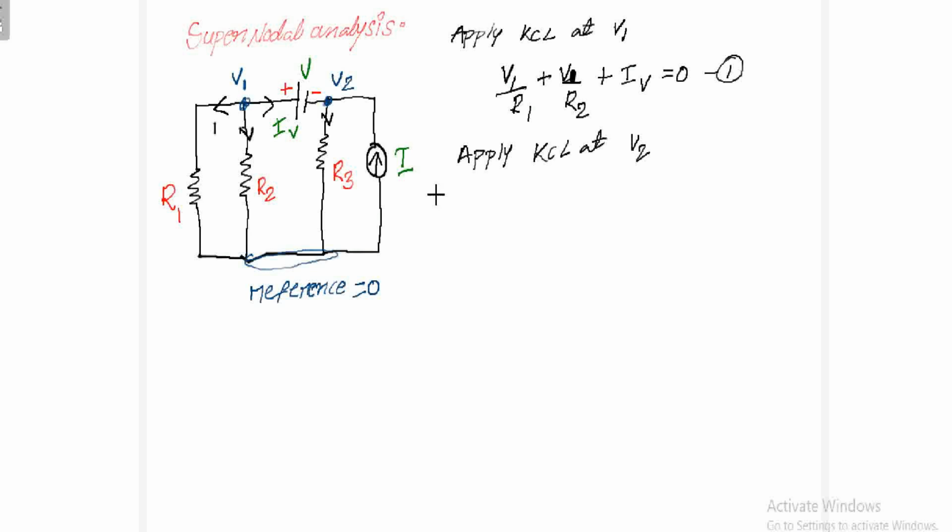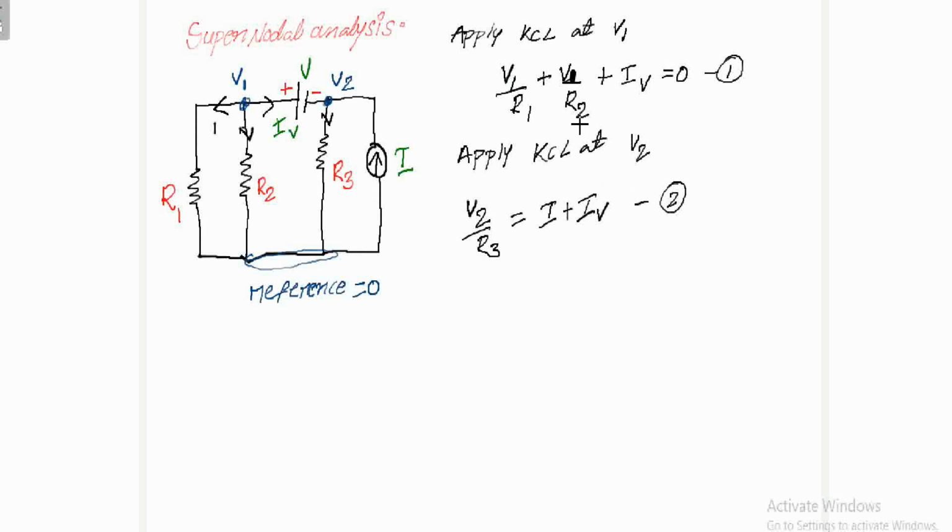Only for the passive elements indicate the current is outward. So V2 by R3, this outgoing current is equal to incoming current: I is incoming current and IV is incoming current. This is your second equation.